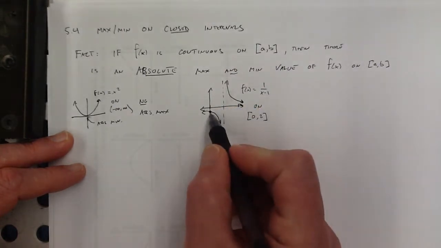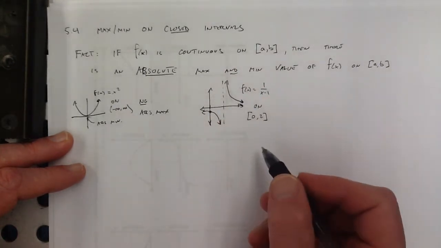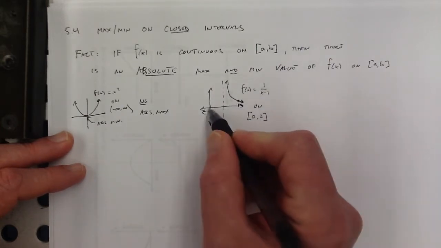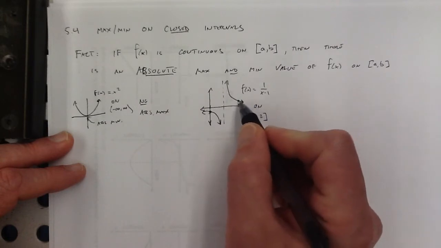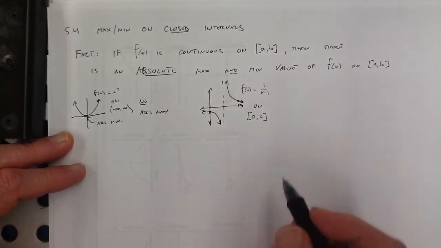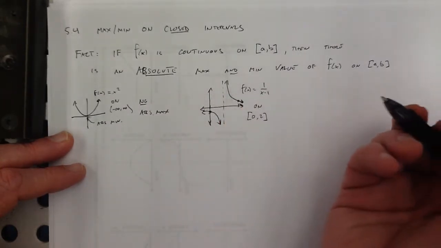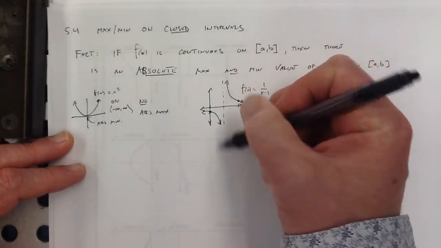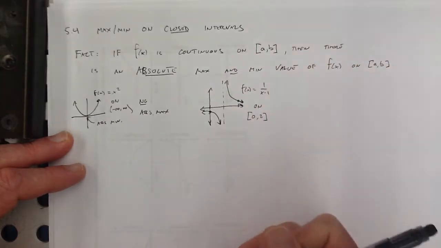There's that point, that'd be at 0, negative 1. Sorry about that, it's not drawn to scale exactly here. And this is the point 2, comma 1. So is there an absolute maximum or minimum here? No, because this plunges down forever. So there's no absolute minimum, and this goes up forever.